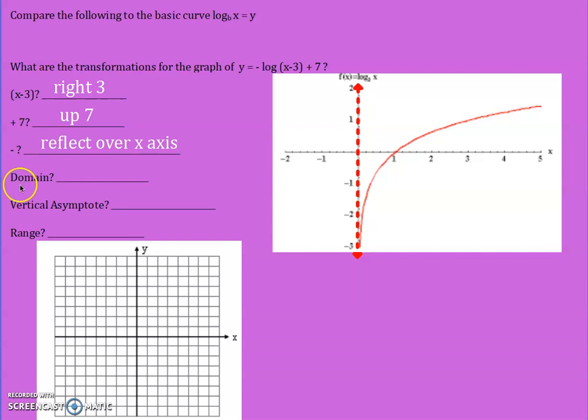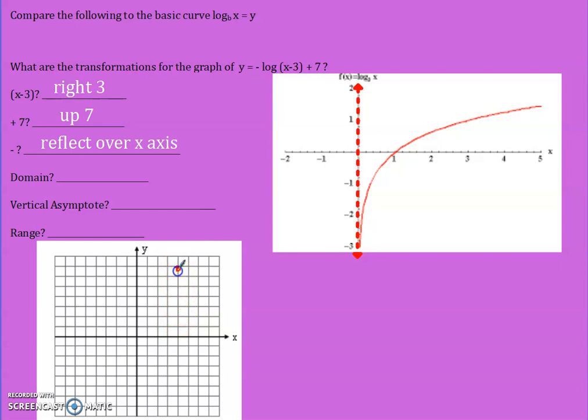So, what about domain, vertical asymptote, and range? Well, let's go ahead and do a quick sketch of this graph first. So, if you're looking at this graph, the quickest ordered pair to start with is using this 1, 0. And if we're at 1, 0 on this graph, and we go to the right 3, 1, 2, 3, and we go up 7, 1, 2, 3, 4, 5, 6, 7, that puts us about right here.